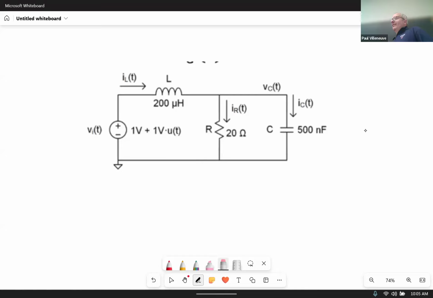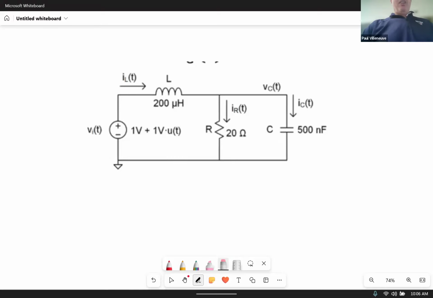Two volts? 2 volts UT? I don't think so, because otherwise I'd put 1V plus 1V in parentheses and then multiply that by UT. I only have one of the 1 volt sources multiplied by UT. So how do you tackle this problem? Oh, is it an initial value?